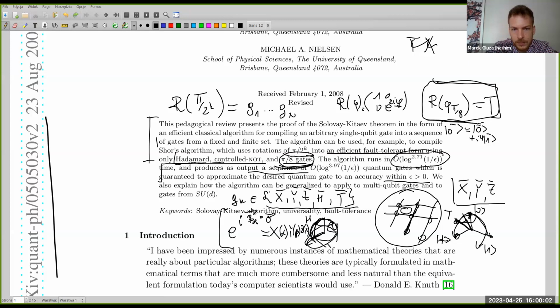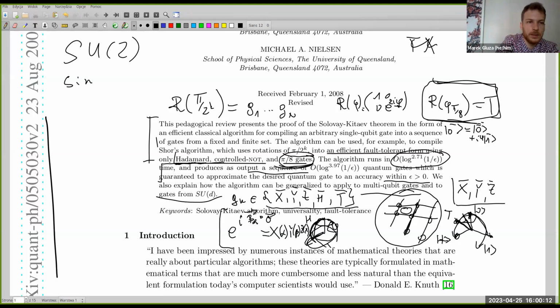We also explain how to handle multi-qubit gates and gates from SU(d). So SU(2) are single-qubit gates. That's important because if I have this universal single-qubit gate set, then I have this kind of discrete operation, the T gate.